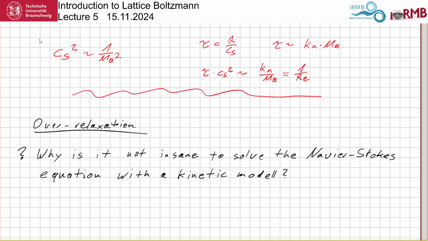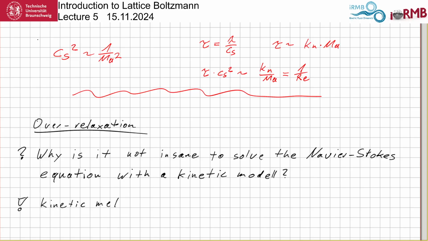The problem with kinetic methods in comparison to continuous methods is that you have this molecular collision and you would have to resolve the molecular collision, which you do not need to do if you use a continuous model. So this is our trouble here.